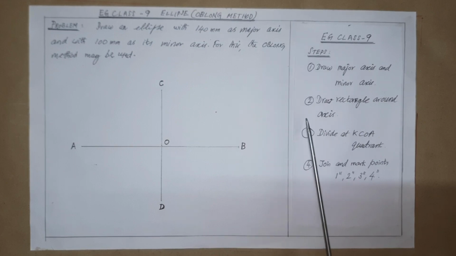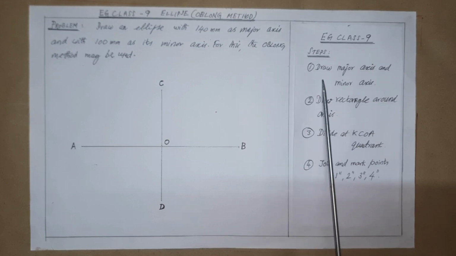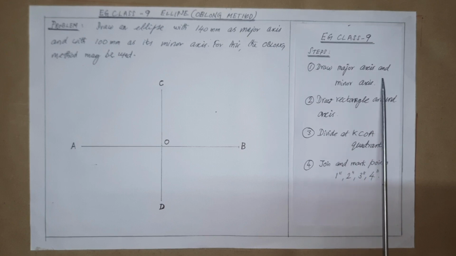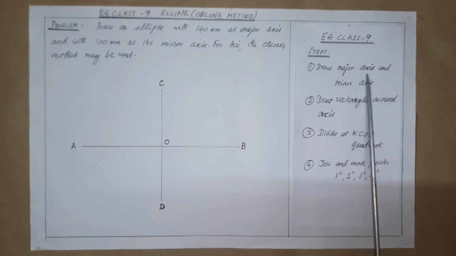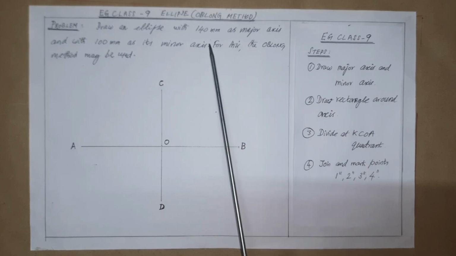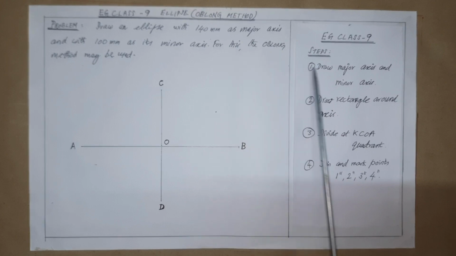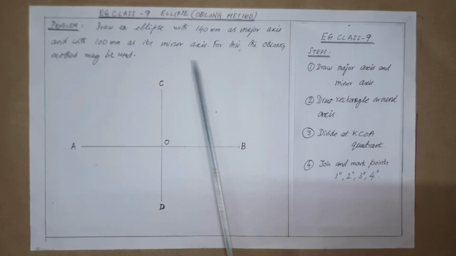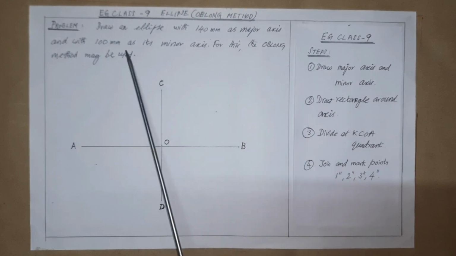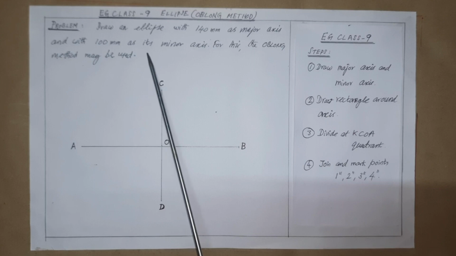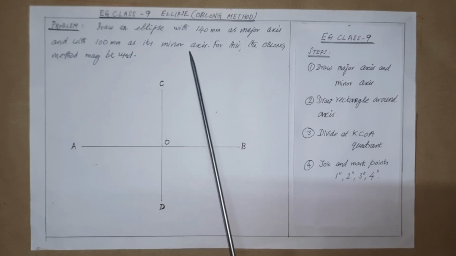Now, as per step 1, first draw the major axis and then the minor axis. The major axis is given as 140 millimeter in the problem, and the minor axis is given as 100 millimeter. So, draw these two axes, with dimensions taken from the problem.